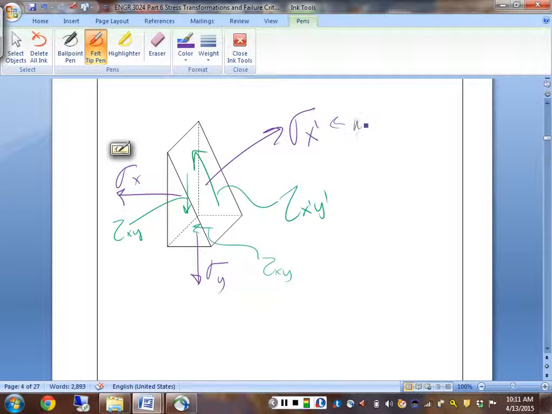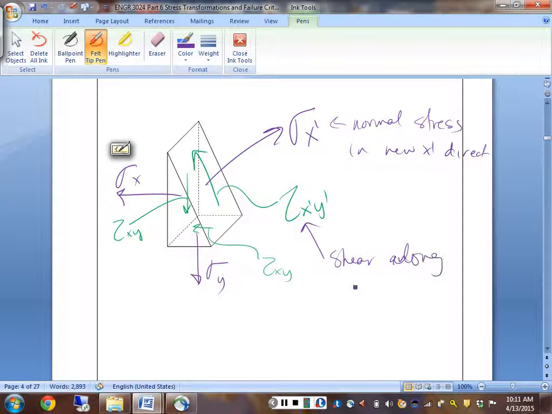So this guy is normal stress in the new x prime direction, and this guy is shear along the new x prime face in the y prime direction. All right, everybody with me on my slice now? So now we've got a wedge that we're going to do a statics problem on.